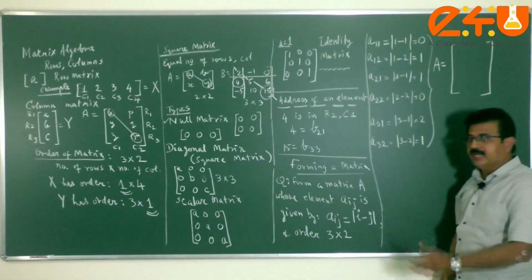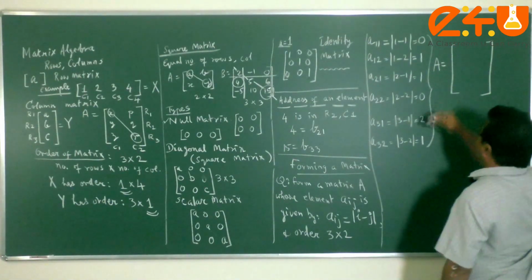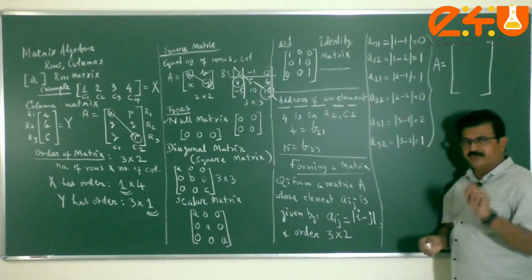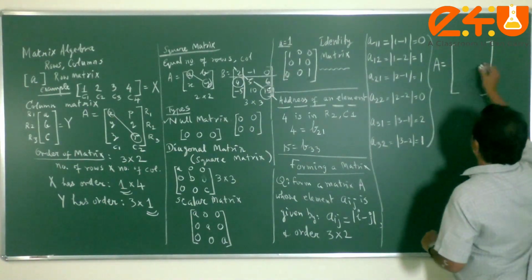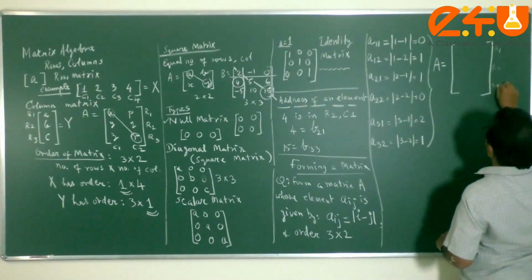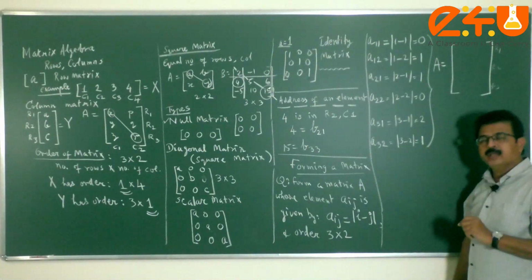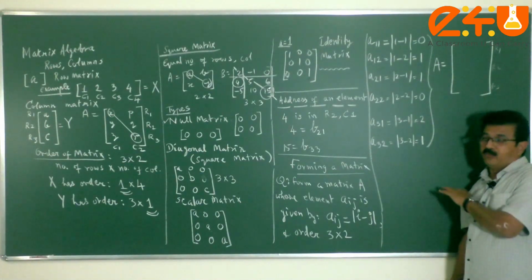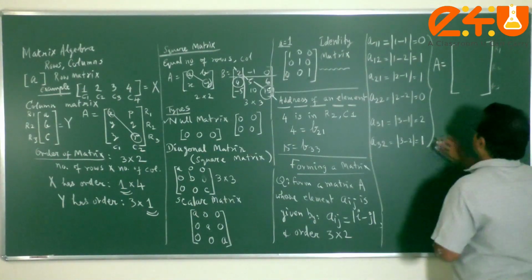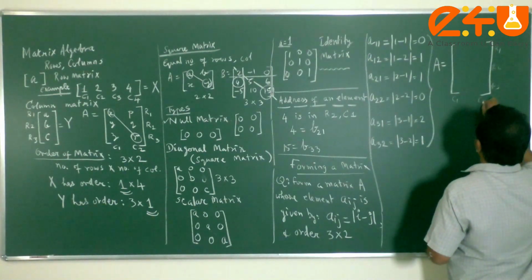Initially, if you want to do without error, I suggest students use a pencil to make entries, row 1, row 2, row 3. You can keep a tab to follow that you have filled all the elements, positions, all the addresses. So column 1, column 2.